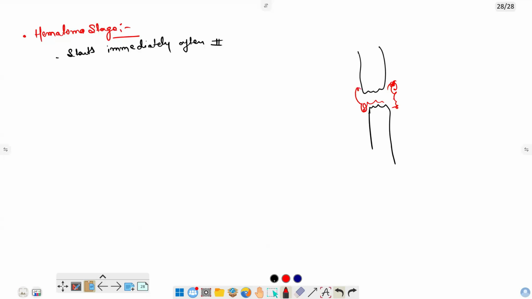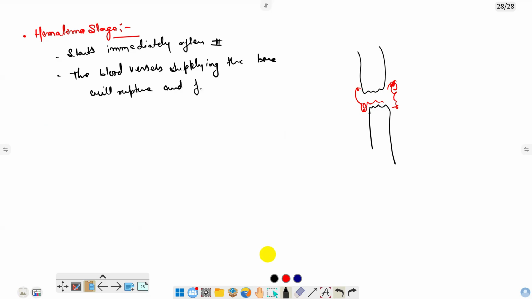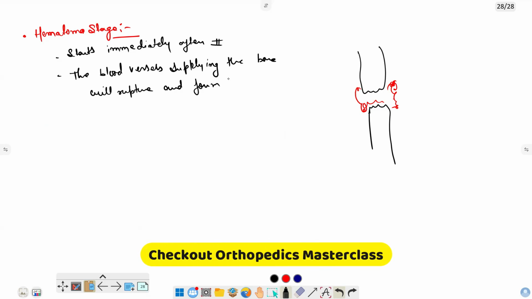So in this phase, the blood vessels supplying the bone will rupture and form the hematoma.